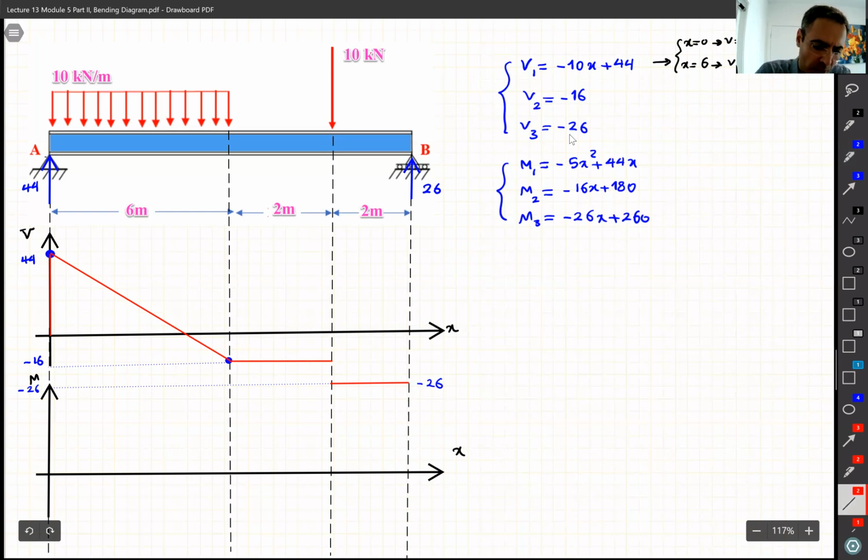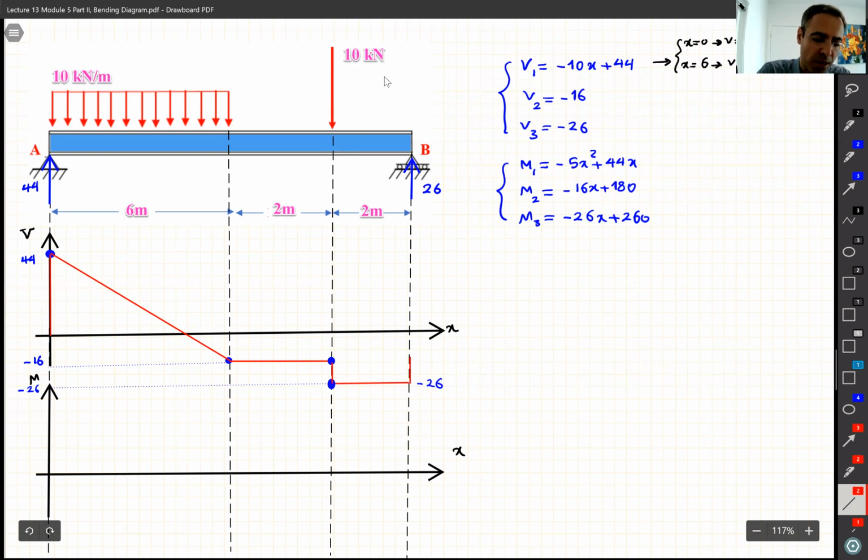And which also again confirms what we learned before, right? We are here at minus 16, then at the top we have 10 kilonewton. It means we jump down 10 units, so it gives us minus 26. See, all these things you can use to check that your solution is correct.